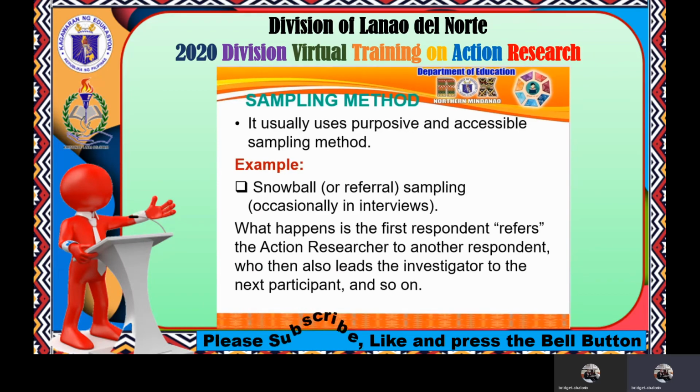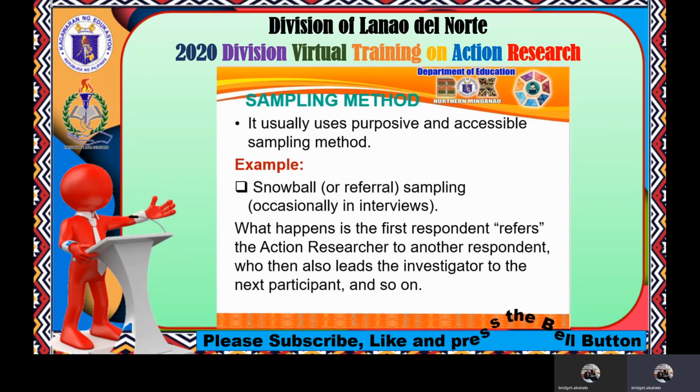So it's very simple in the qualitative action research. Why? Because it usually uses purposive and accessible sampling methods. An example of purposive sampling is snowball or referral sampling, occasionally through interviews.